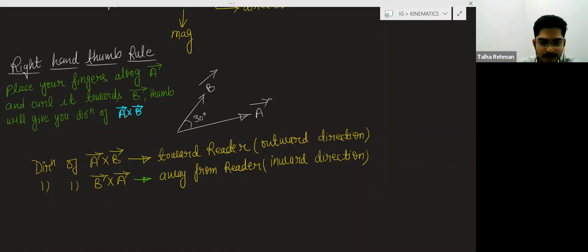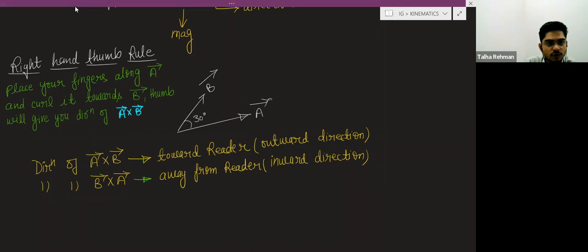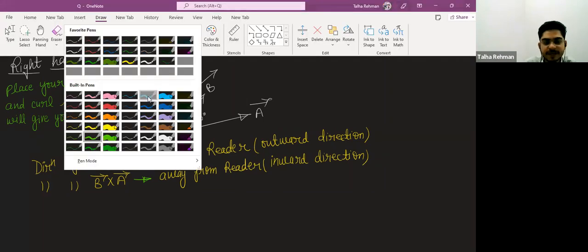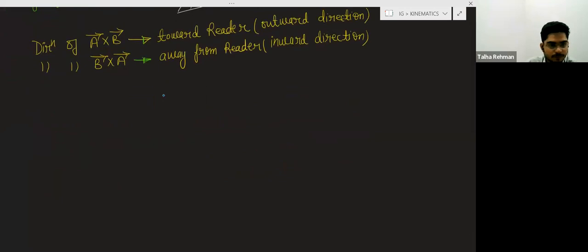So there are a few examples of the cross product that we will study later. One example is angular momentum. Angular momentum is also a vector.